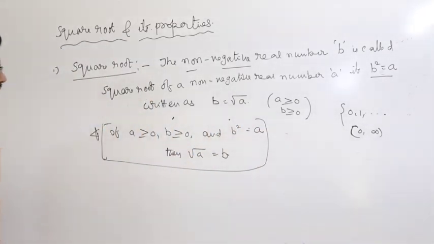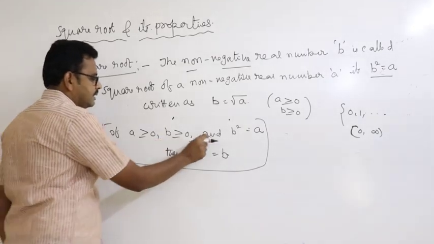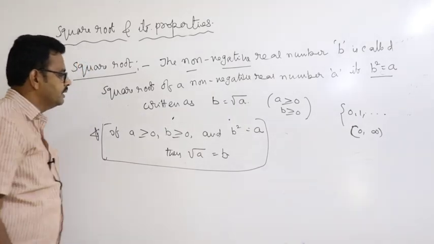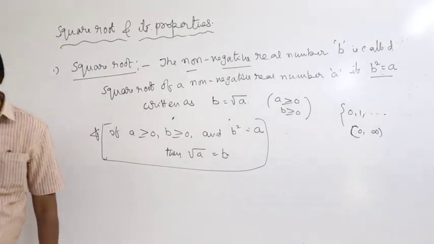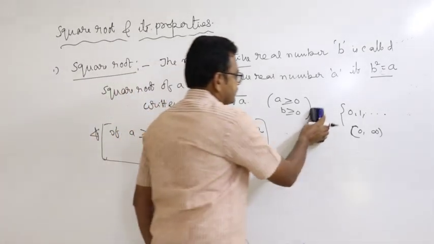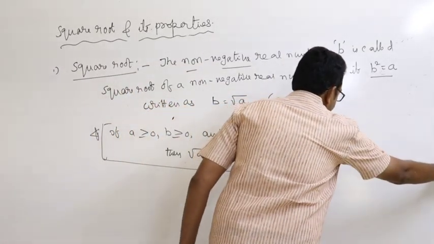If a is greater than or equal to 0, b is greater than or equal to 0 and b square is equal to a, then root a is equal to b. So this is the property.